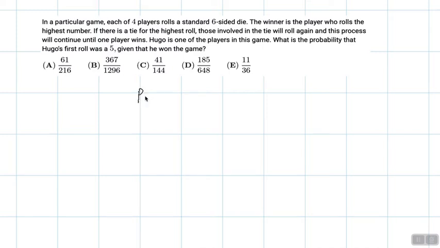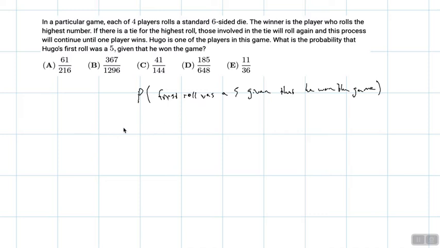What we're trying to find is the probability that Hugo's first roll was a 5, given that he won the game. This is a conditional probability.